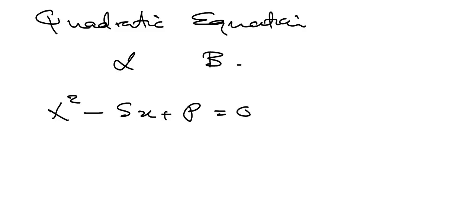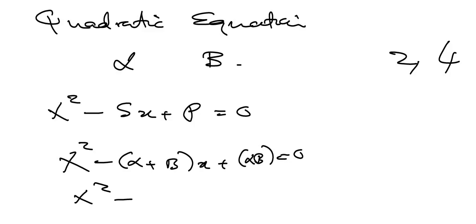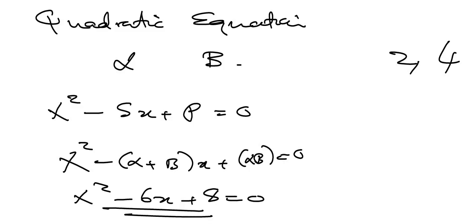In short, the quadratic can be gotten by adding them here, then putting an x, then multiplying them this side. The answers were 2 and 4, remember, for our example. So this is going to be x squared, 2 plus 4, that's a 6. There's always going to be a negative here, by the way. Then you multiply them here, it will give you 8. So this is the quadratic equation.